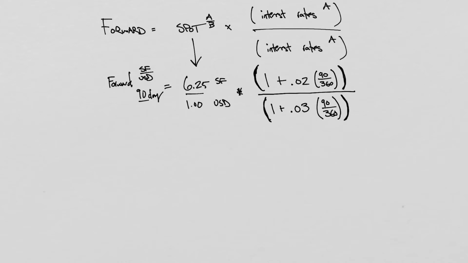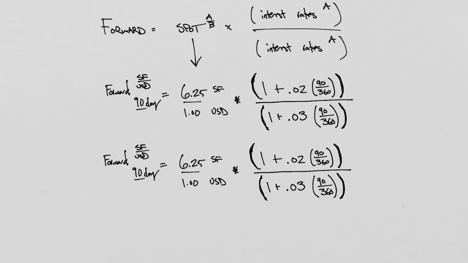And once we've done that, we can simplify all of this. We still have our spot rate, the Swiss franc versus the US dollar. The numerator here, multiplying the 0.02 by the 90 over 360, we get a 90-day interest rate of 0.5% and add the 1.